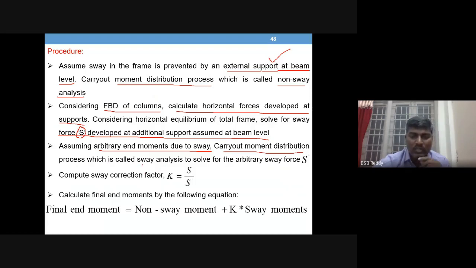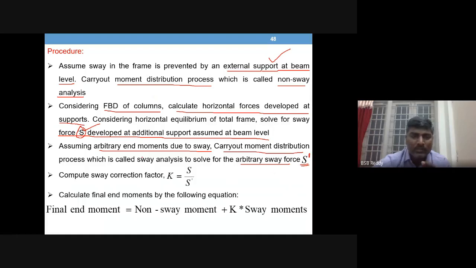Okay, so once the analysis is done, then again in the same way of finding S, now also you find S value, that you call S dash. Okay, that's called arbitrary sway force.